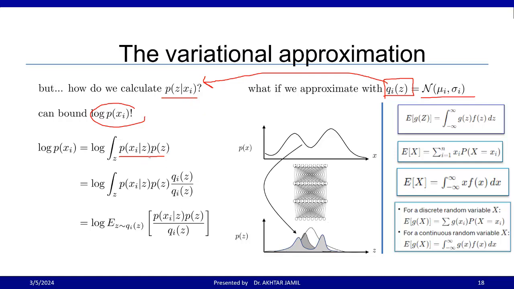So we are just doing one thing here for mathematical stuff to include this part into it. अगर इसी distribution से divide और multiply करें तो we don't have any issues because this is going to be 1 actually. लेकिन this is going to help us out in doing one thing कि इसको अगर हम rewrite करें, so we have p of x of i given z and we have p of z divided by one part is here. लेकिन if we look at this integration over this q_i of z, it is basically summing out, because we are just considering it an expected value.